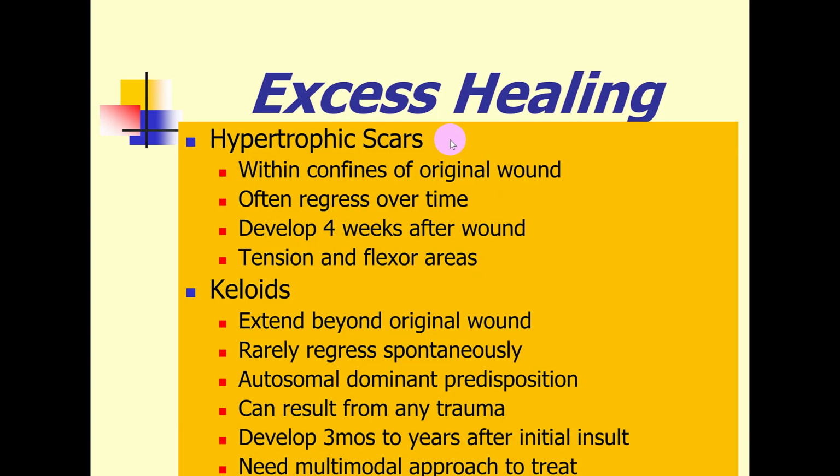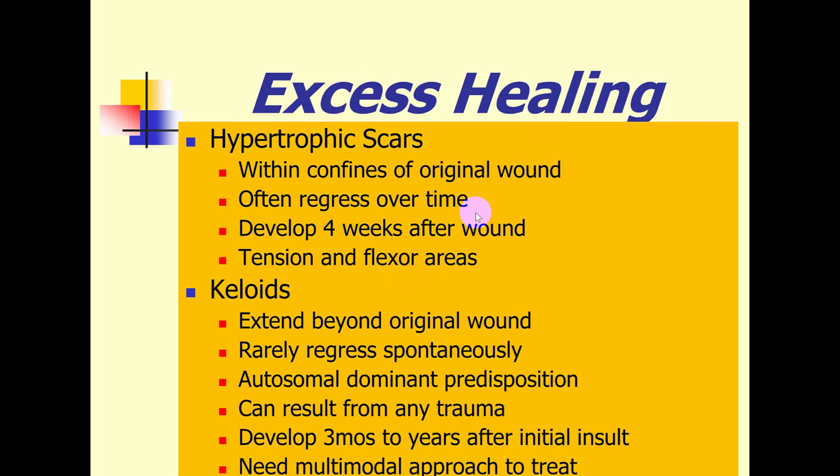Within the confines of the origin, what is the difference between them? The hypertrophic scar is still within the wound and regresses over time. It develops after 4 weeks, and tension and flexor areas are responsible for it.